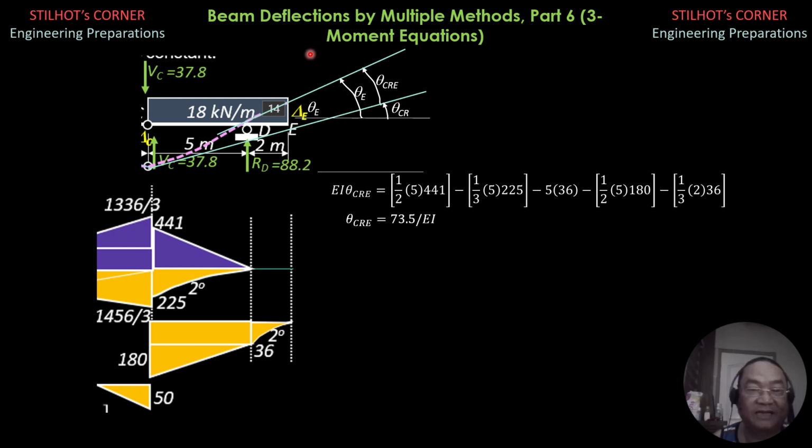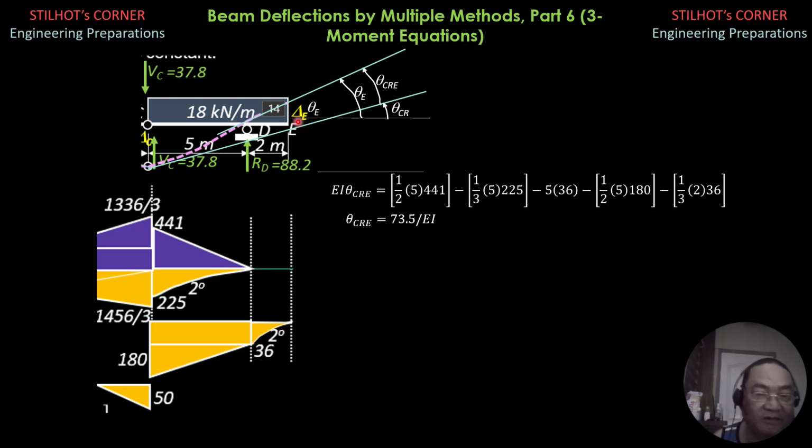So delta E is theta C right plus theta C right E. But let's compute theta C right by computing the deviation of point E relative to C right.